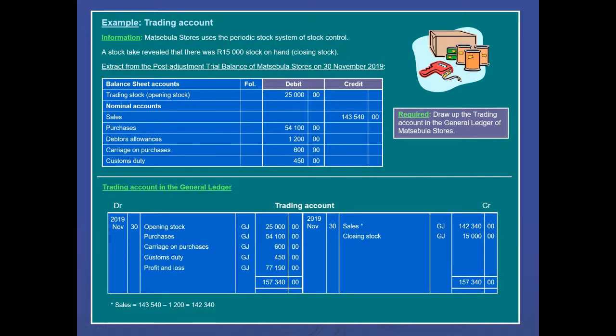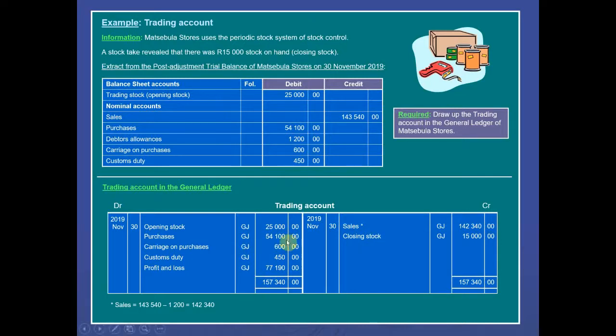So the thing is, if you compare this with the perpetual inventory system, the one we are used to, we know we have on the credit side only sales. On the debit side we have cost of sales. So now in fact cost of sales just has a different structure. It's opening stock plus purchases plus carriage on purchases plus customs duty minus closing stock.